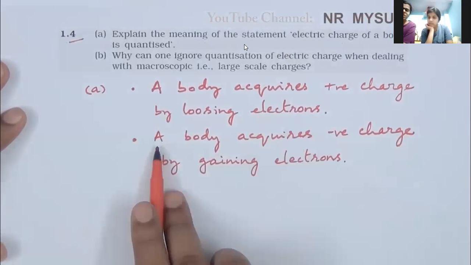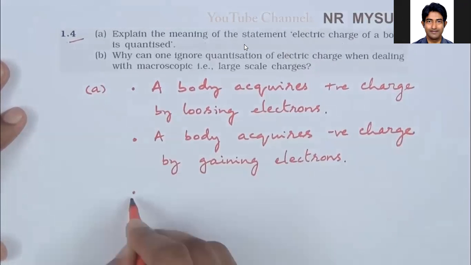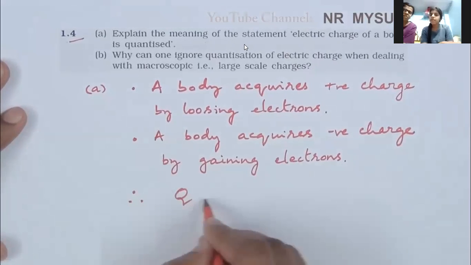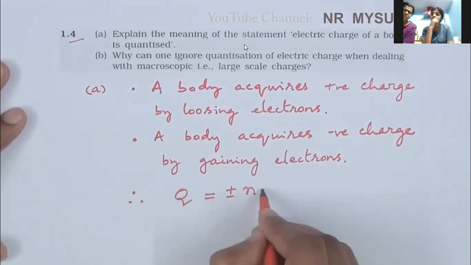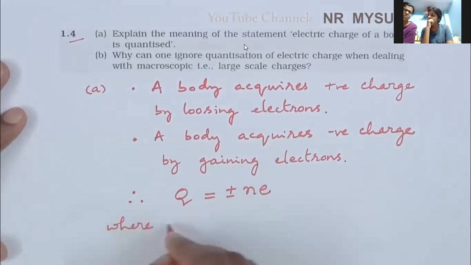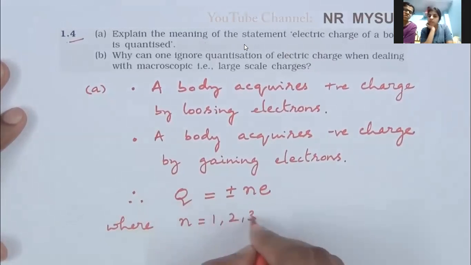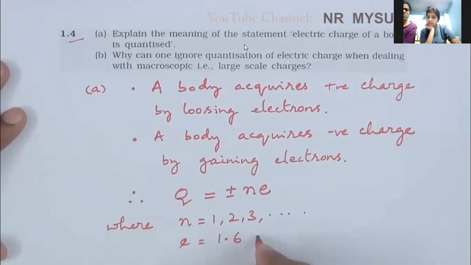A body acquires negative charge by gaining electrons. Therefore, Q equals plus or minus n times e, where n is 1, 2, 3, etc. and the magnitude of charge e is 1.6 × 10^-19 coulomb.